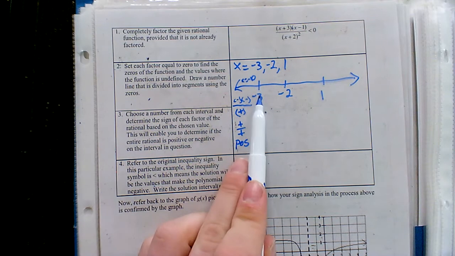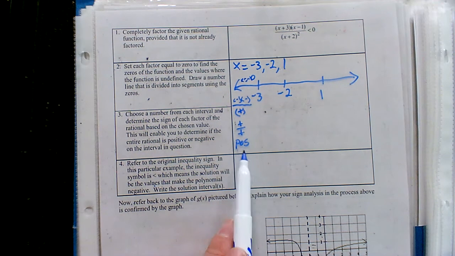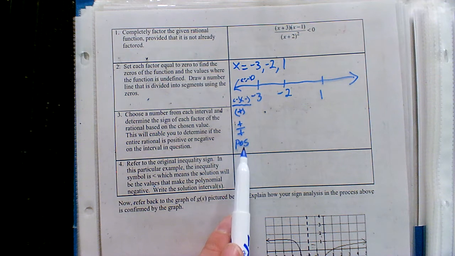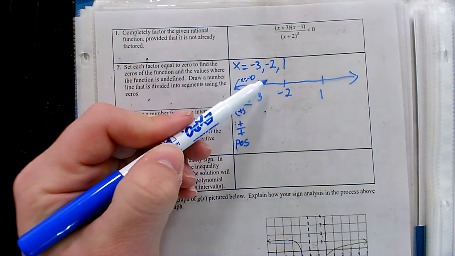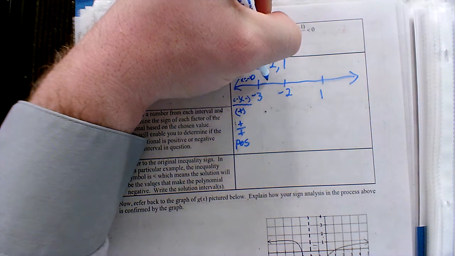So what this is telling us in this interval right here, from negative infinity to negative 3, our answers are all positive. Go ahead and use that same thinking with values in between. You can choose any value in between, but if you want to use the values I used, negative 2.5, I use 0, and I use 10.